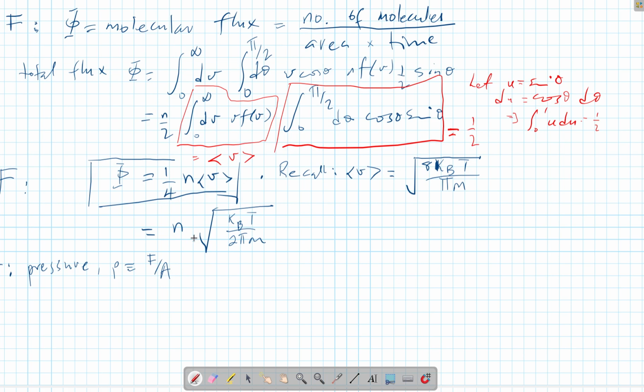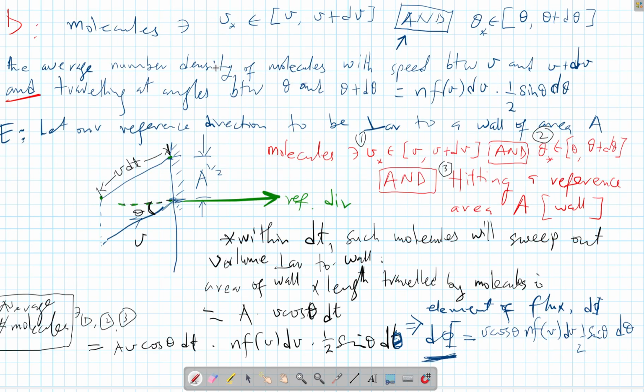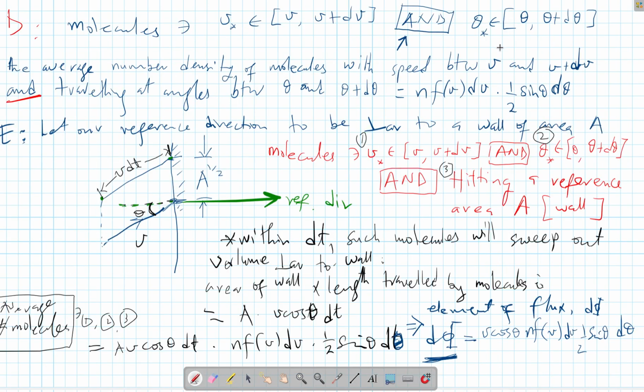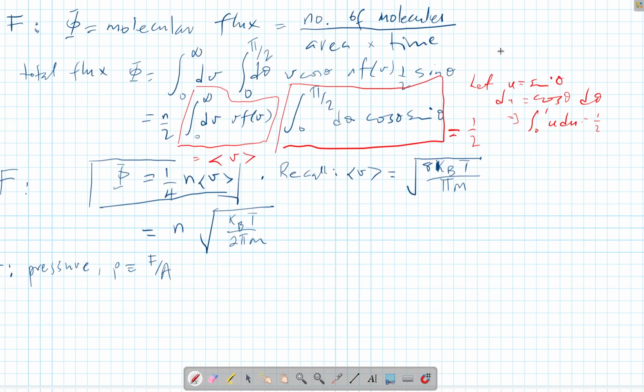So one can think of molecules hitting a wall and bouncing back. If you remember this cartoonish sketch, these dots are gas molecules, and they move in random directions. If we take a particular side of the container, we can imagine that the molecules would hit the walls and then bounce back, right? And that is actually what sources pressure.